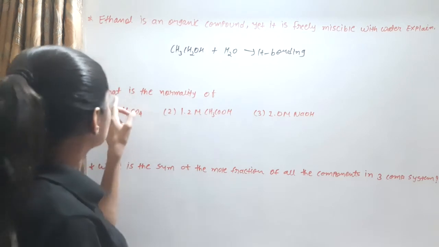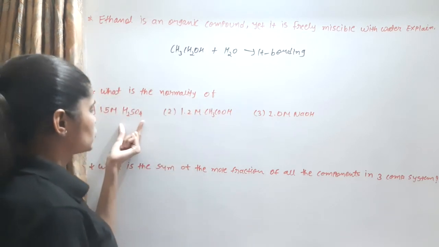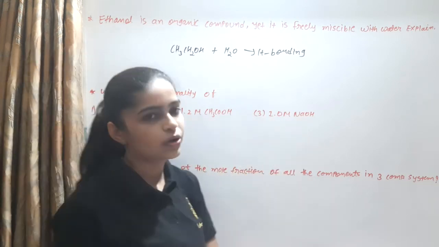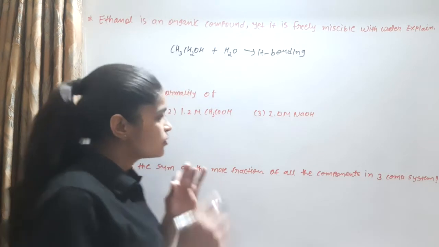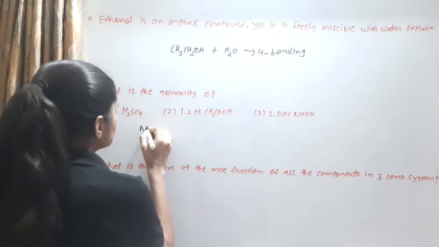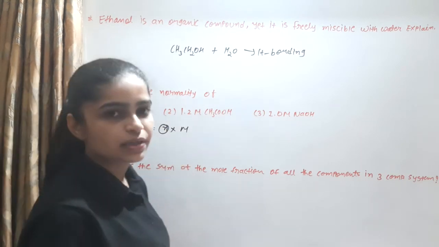Next: what is the normality of 1.5 molar H2SO4, 1.2 molar CH3COOH and 1 molar NaOH? We know the relationship between normality and molarity: normality is equal to n into M. This n is the factor.